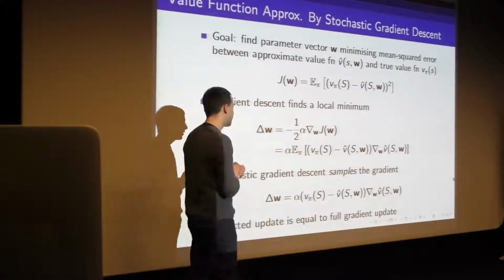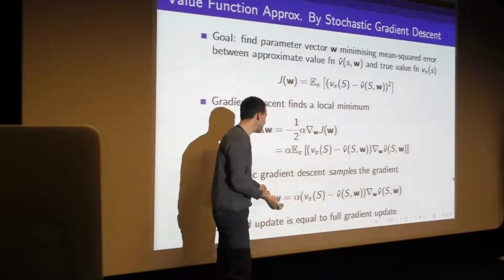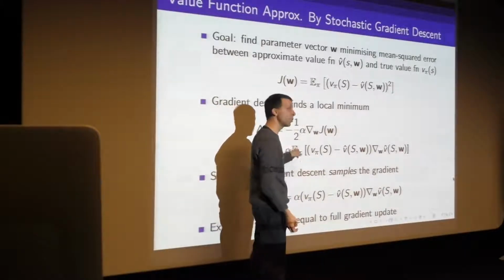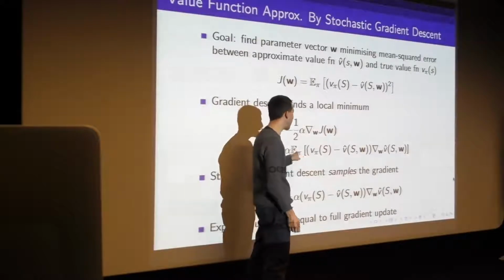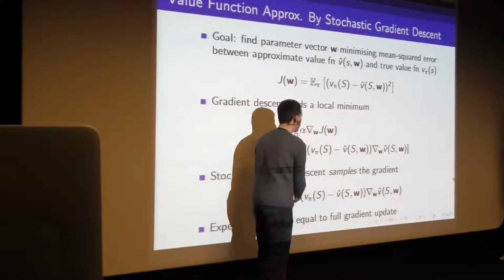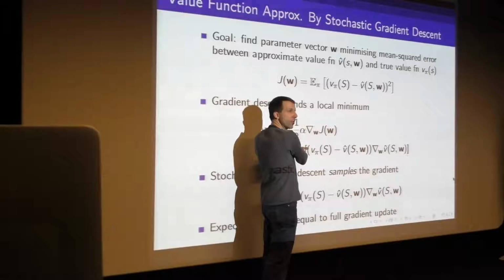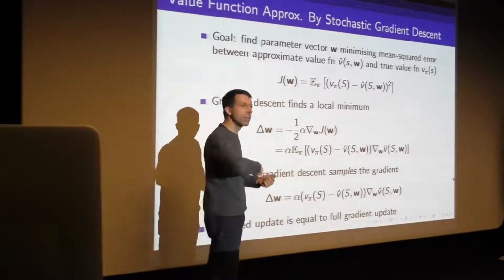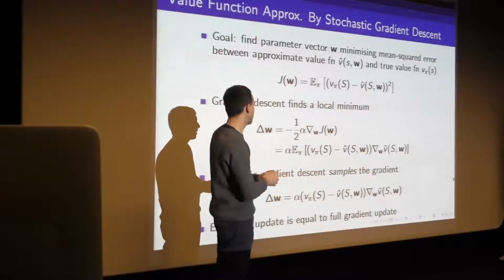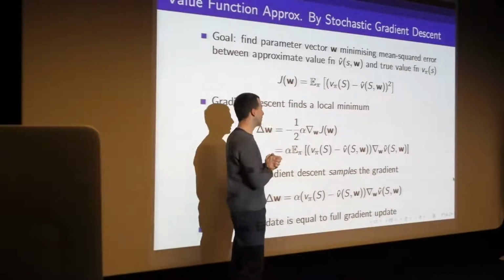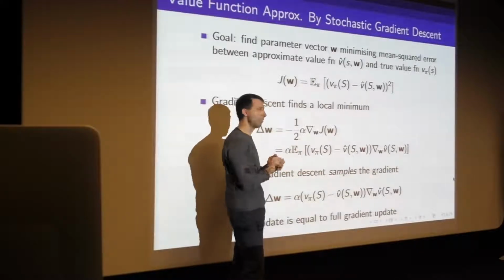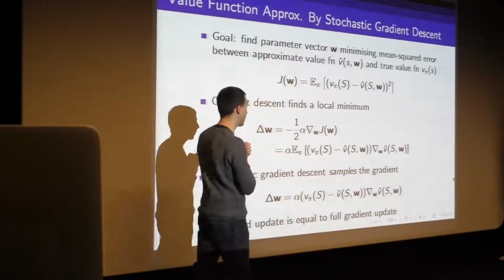And so in expectation, you can see that if you visit all states according to a distribution under your policy pi, then in expectation, we're going to arrive back at minimizing the mean squared error. And the beautiful thing about stochastic gradient descent is that even if you change things online, you still arrive at minimizing this particular term if you control for step sizes and so forth appropriately.